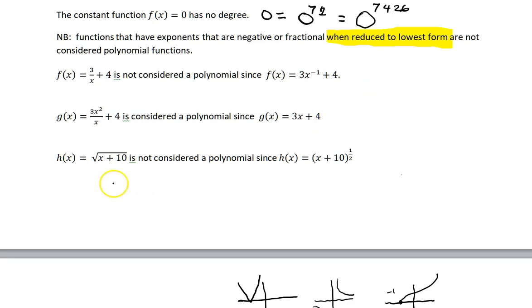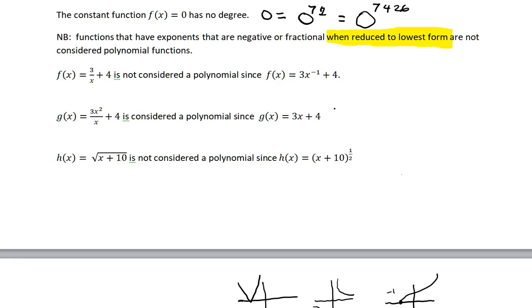All right. However, this is when you have 3x squared over x plus 4. This is a polynomial because when we go ahead and reduce the x's, we wind up with a 3x plus 4. That is completely legitimately a polynomial.